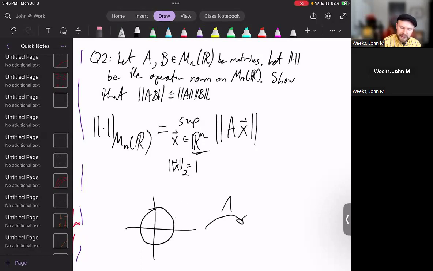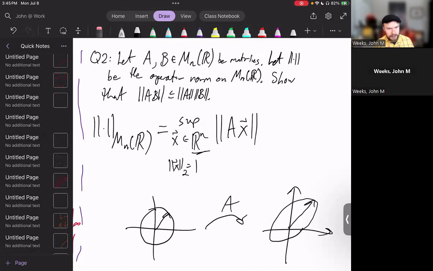Mapping that unit circle through the matrix A sometimes deforms it a little bit. It'll stretch it out a little more, showing you that you can take a vector inside of this spot and maybe have it stretch in this direction. Maybe that involves something like eigenvalues to tell you that if I take this vector and stretch it by a factor of 2, then that's exactly what's happening to this part of the unit circle. This is something that I describe for my students when talking about eigenvalues in 632.